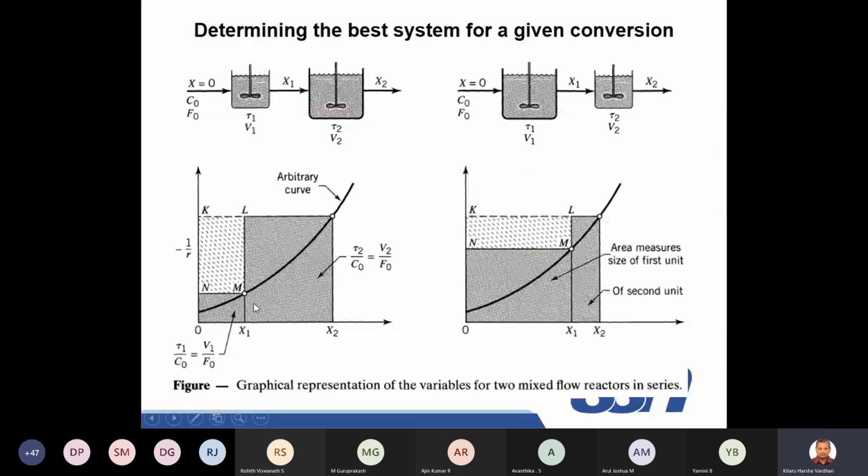Yes, volume is equal to the shaded part. That is this particular thing, the red mark, whatever I am putting. This is the entire volume which is required for the conversion of X2 in this particular series, the area under this particular thing, the entire one. Correct? This also will come.